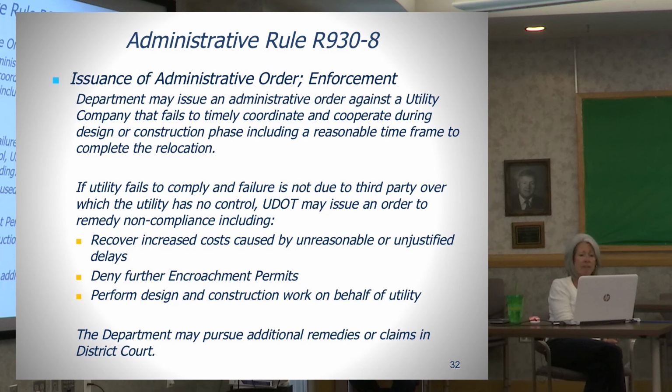If a utility fails to comply and the failure is not due to a third party that's beyond the utility's control, the department may issue an order to remedy noncompliance, including recovering increased costs caused by unreasonable or unjustified delays, deny further encroachment permits to the company, or perform design and construction work on behalf of the utility.